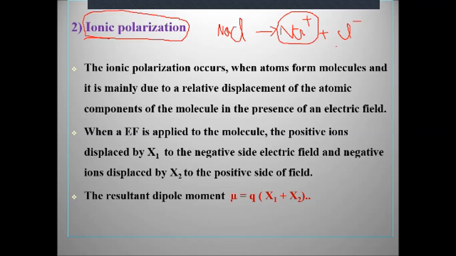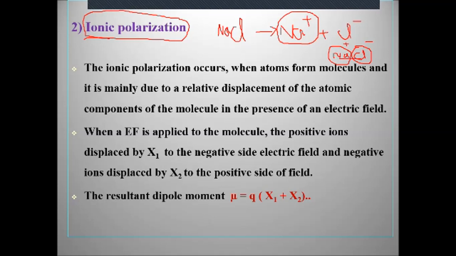Now, in the symbolic representation of this chemical reaction, this is Na plus and this is the Cl minus. These are all located like this.